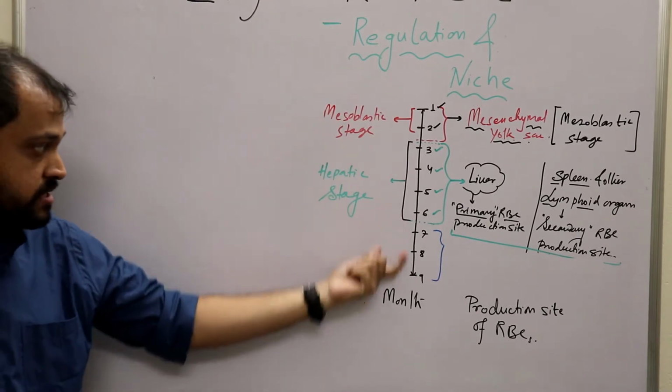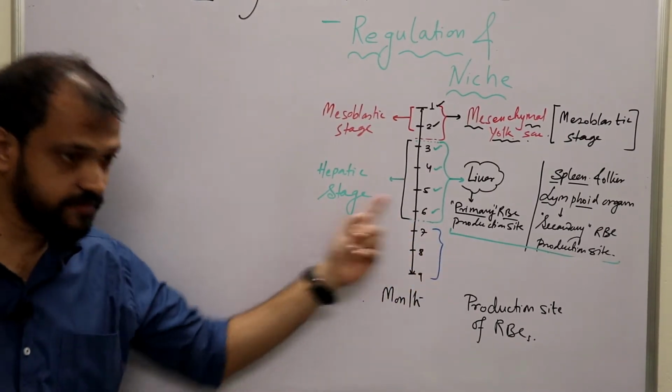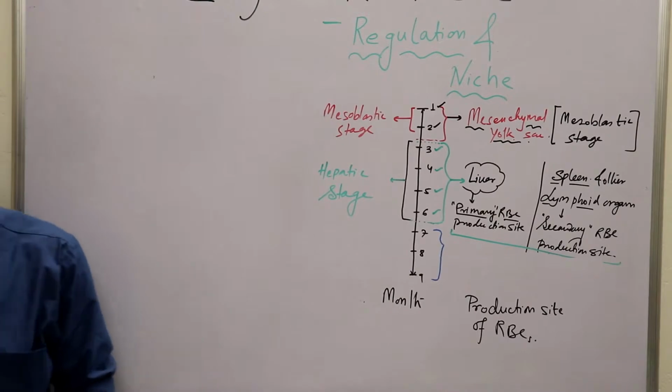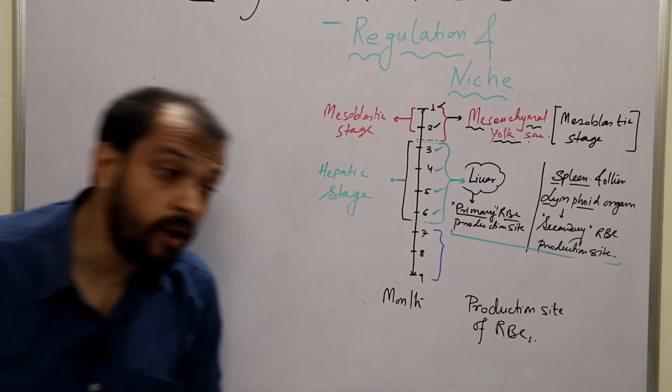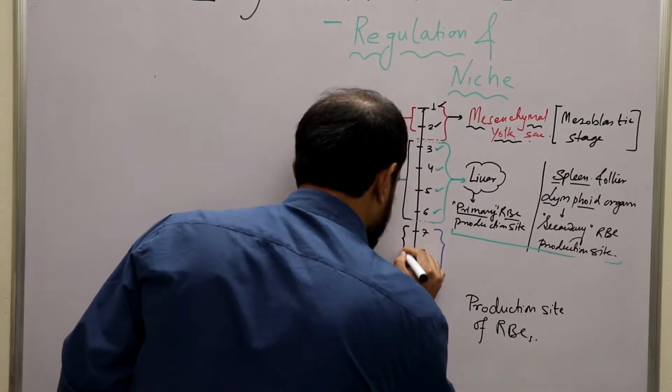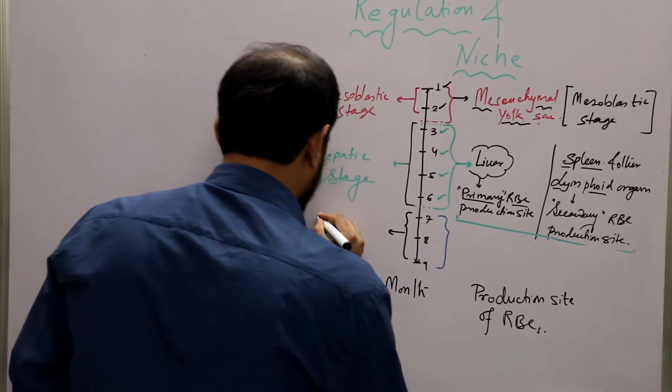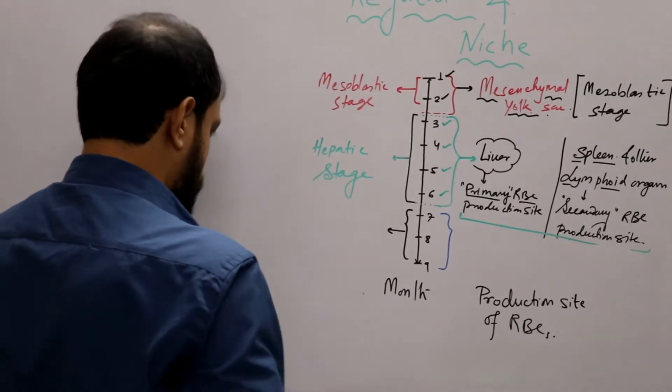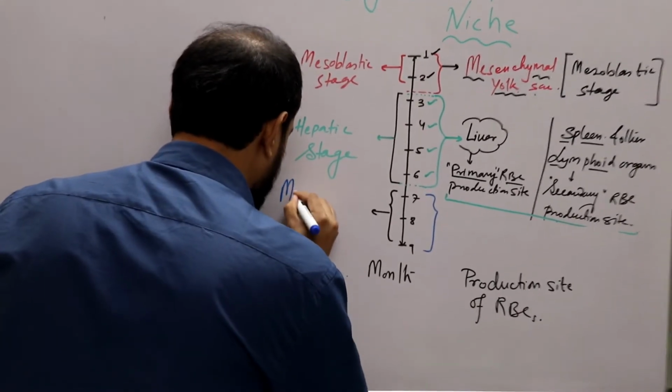Now we will start the last phase of RBC production in fetal life, which is called the myeloid stage. Okay, now listen with all your attention.